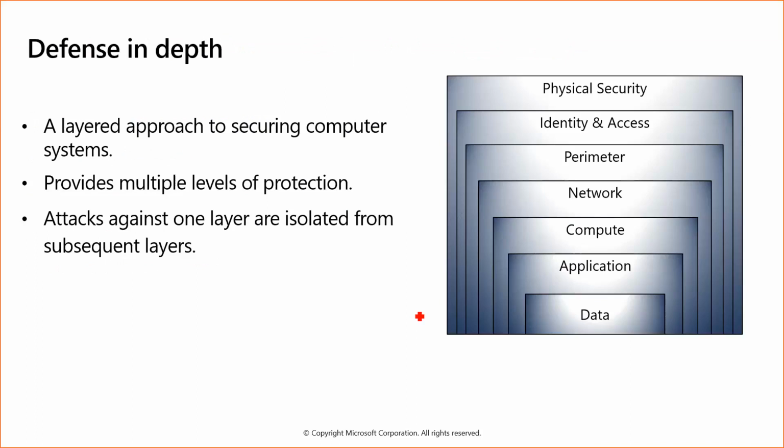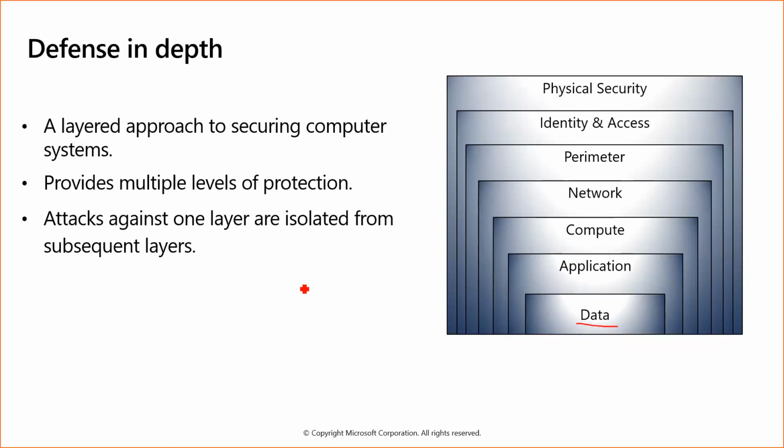So what is defense in depth? As you all know, there are multiple layers of any application. We have physical security, identity and access, perimeter, network, then compute resources, underneath applications, and at the base we have data. Whenever we want, we can have our security in a layered approach.